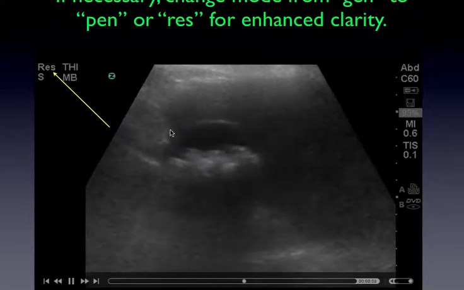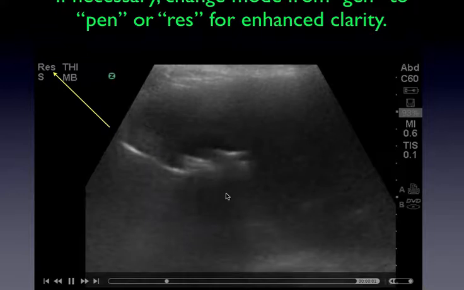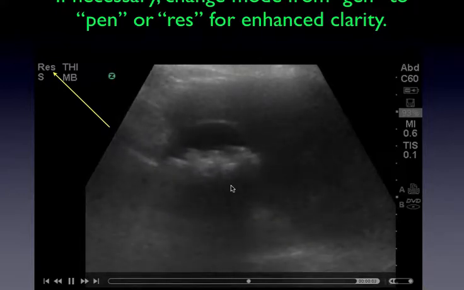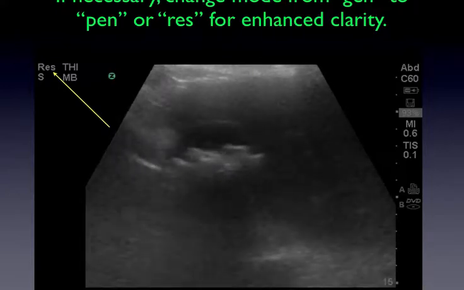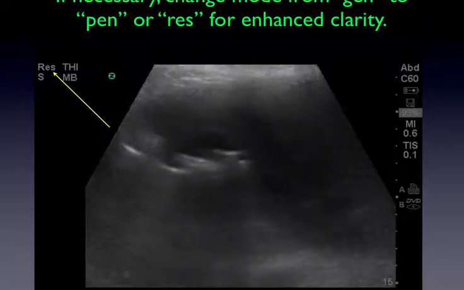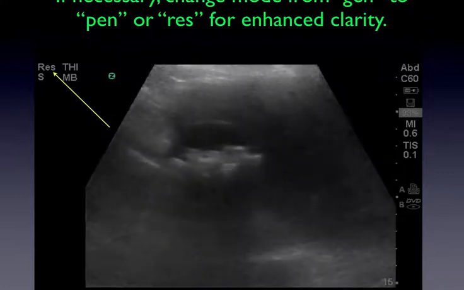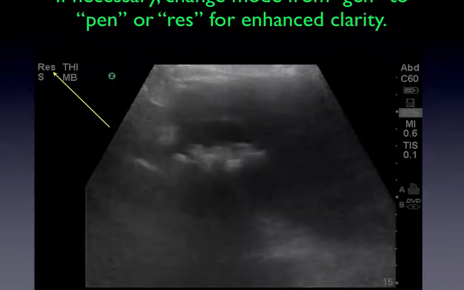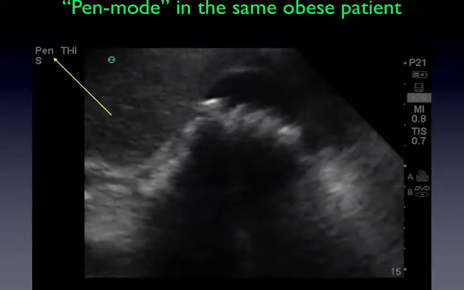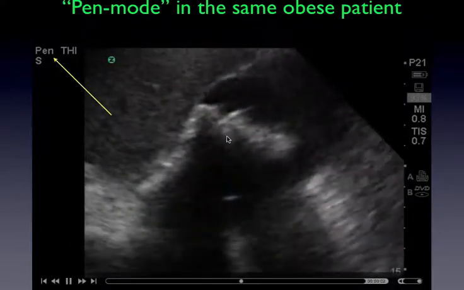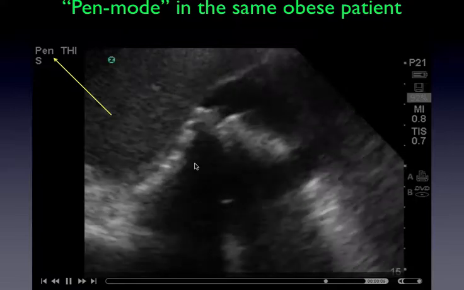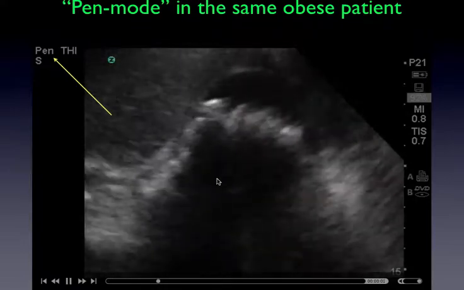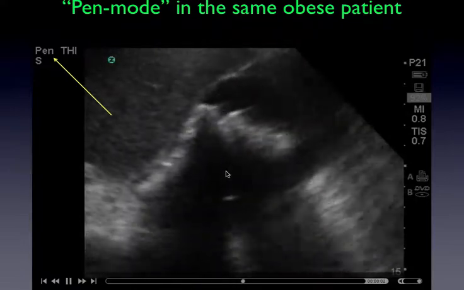So over here is the gallbladder. Very difficult to see stones, and shadowing, which isn't very clear. So from the res mode, or typically the gen mode, we go to the pen or penetrating mode. Same patient, and now you can see the gallstones and very clear shadowing. So when do I use this?